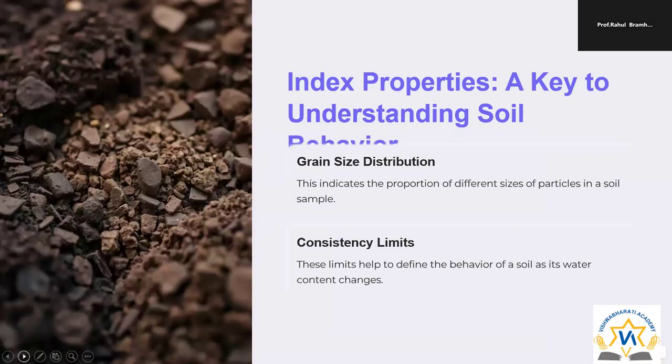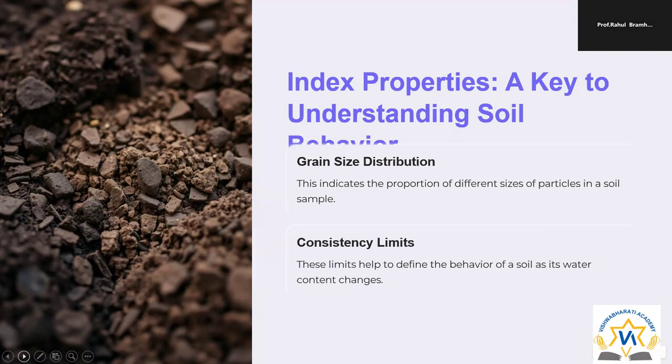But why are we studying index properties? For finding out grain size distribution and consistency limits. These index properties indicate the different grain sizes of particles in a soil sample, and they also show the behavior of the soil as its water content changes.